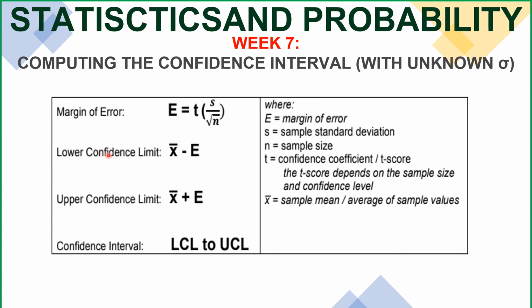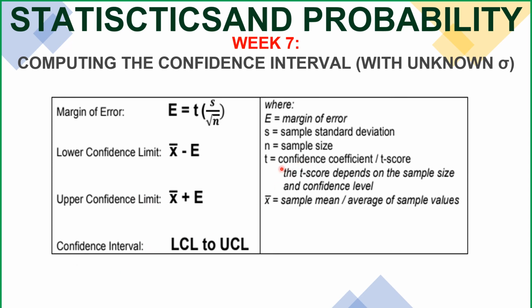So, the lower confidence limit naman, same lang yung formula, which is x bar minus the margin of error, the upper confidence limit, that's x bar plus the margin of error. So, the confidence interval is LCL to UCL lang siya. So, determine mo yung lower confidence limit and upper confidence limit para mahanap mo yung confidence interval.